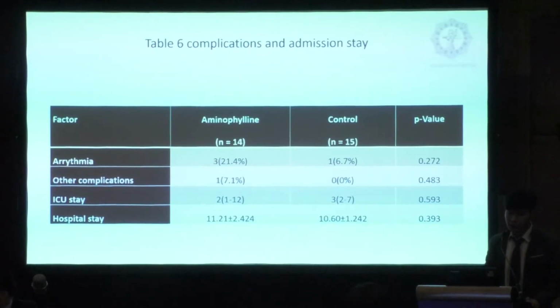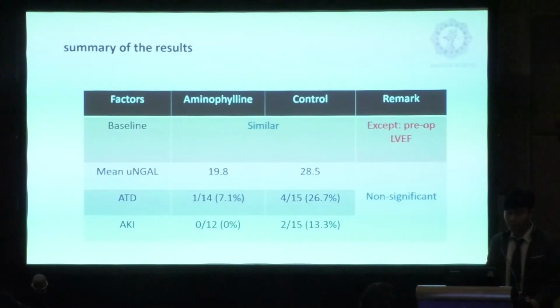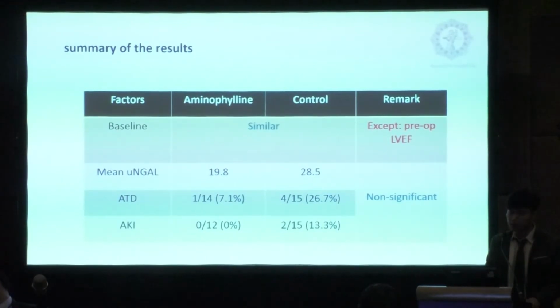For arrhythmia, other adverse events, ICU stay, and hospital stay, they are the same between the two groups. In summary, baseline characteristics are similar between the two groups except for preoperative LVEF. And renal insult in terms of urine NGAL, possible acute tubular damage, and AKI all favor the aminophylline group, but not significantly.